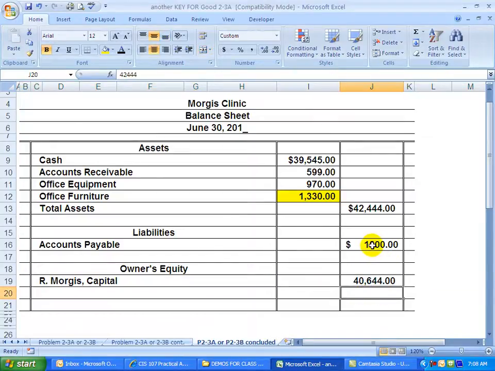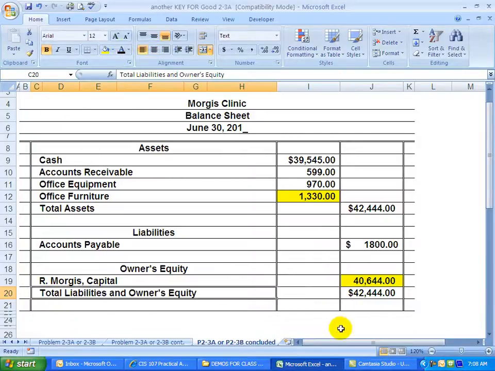So now we're going to add our liability and owner's equity together. So we're going to draw a line. We're going to add the liability and owner's equity together, and we're going to identify that as the sum of the total liabilities and owner's equity. Okay, it's called a balance sheet.